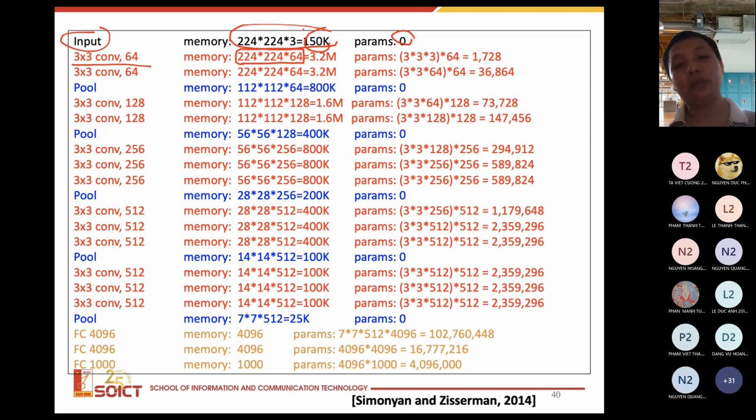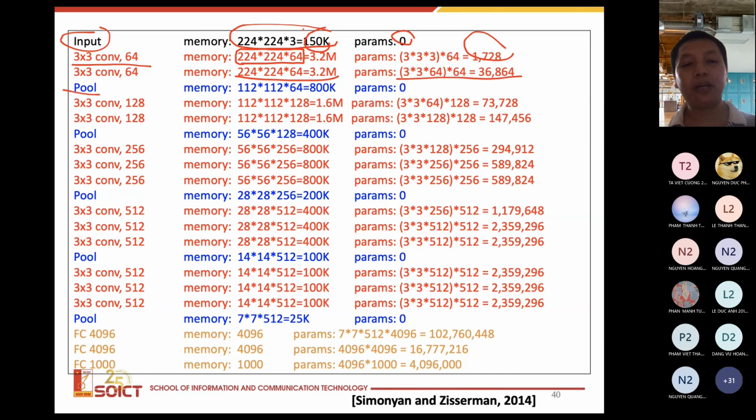And it's 3.2 megabytes, right? And this is the number of parameters, 3 by 3 by 3 by 64, right? And then this is more than 1000 here. So this is the size to store the output of that convolution. And then we have another convolution, and then okay, the memory is like this, and the parameters are like this.